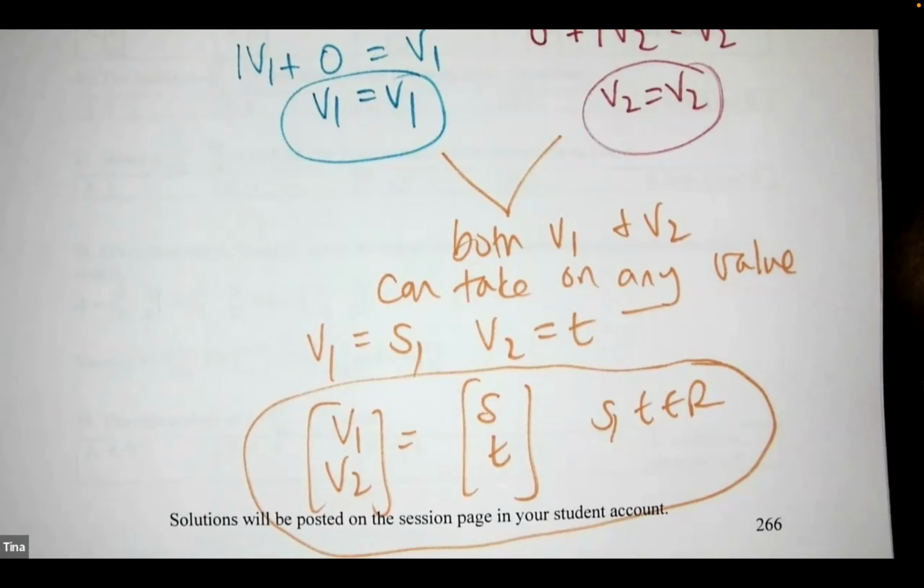All right, so that is eigenvalues, eigenvectors, and characteristic polynomials.